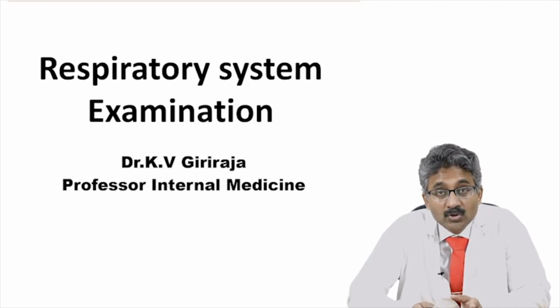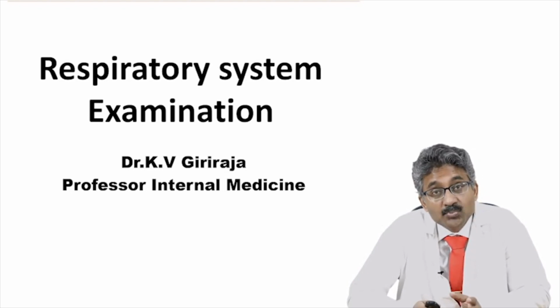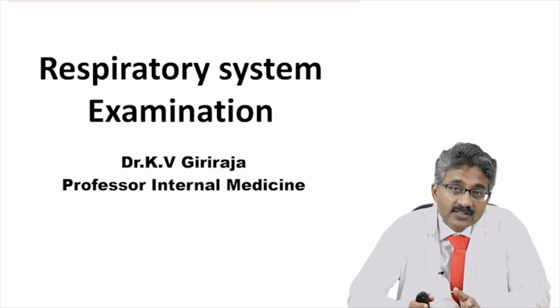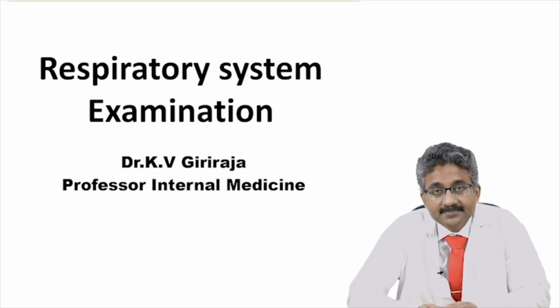Foul smelling sputum you get in bronchiectasis and lung abscess. Then 3-layered sputum. If you keep the sputum for 24 hours in bronchiectasis, you will get 3 layers: upper layer serous, middle mucus, the lower one purulent.